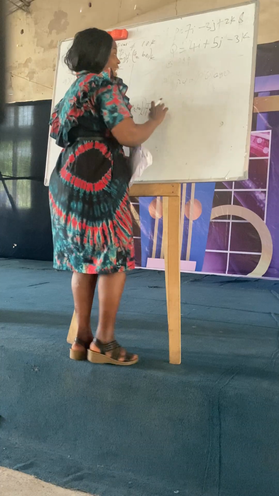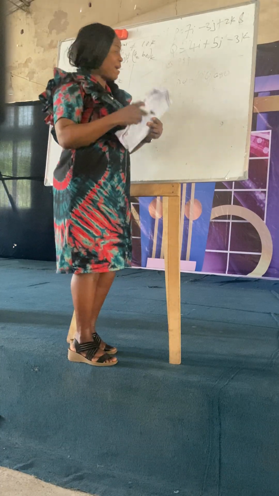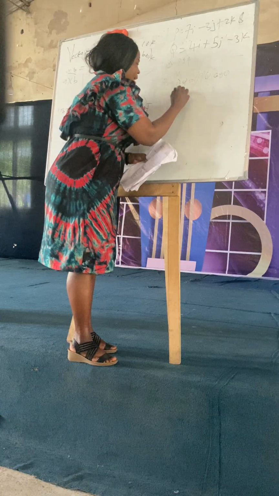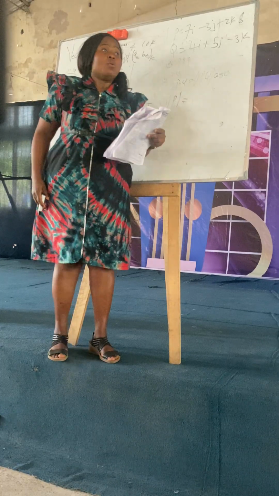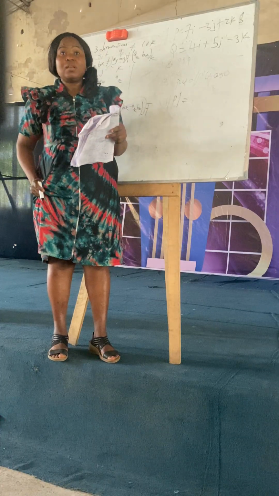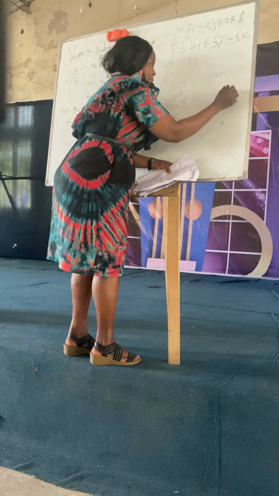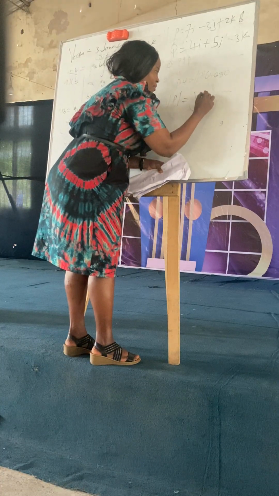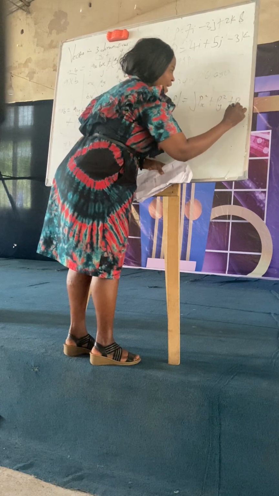First of all, you should calculate the magnitude. The magnitude of P is equal to the square root of PX squared plus PY squared plus PZ squared.